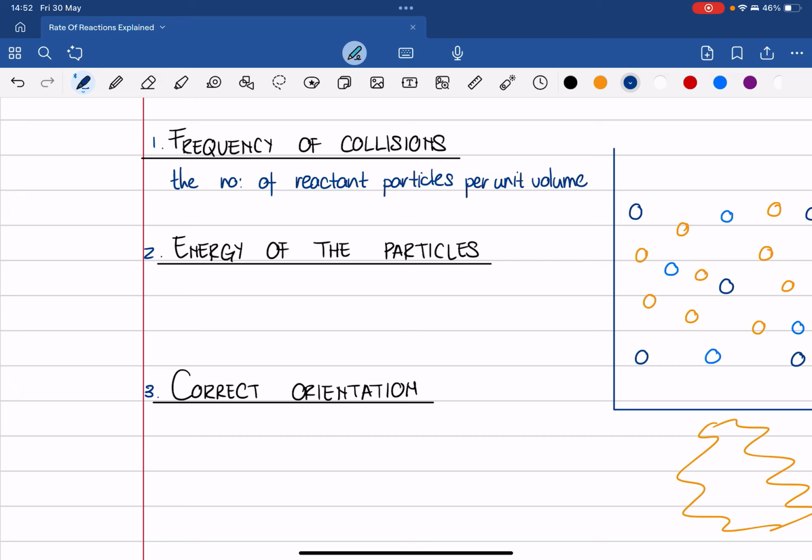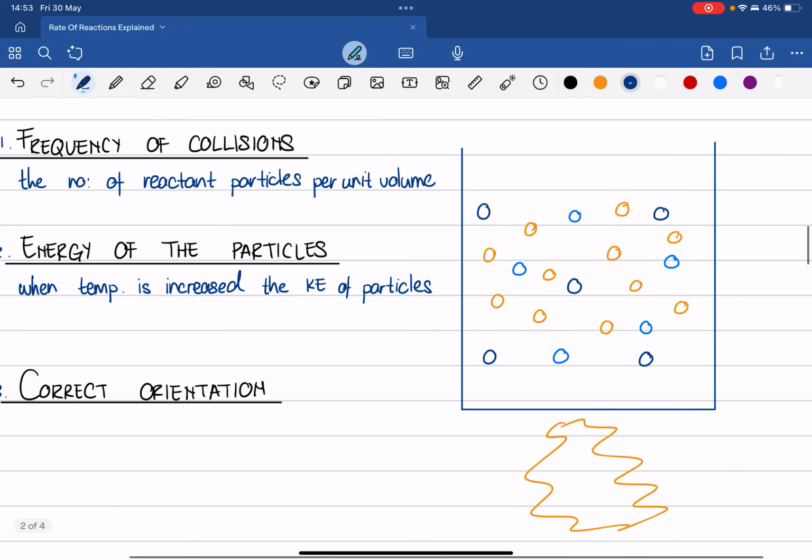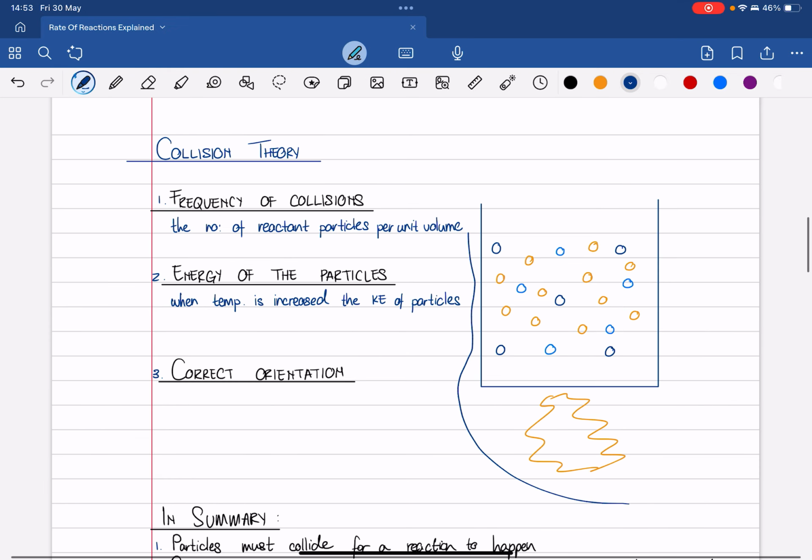So when temperature is increased, the kinetic energy of the particles increases. Okay. Let's move this a little bit to the right.